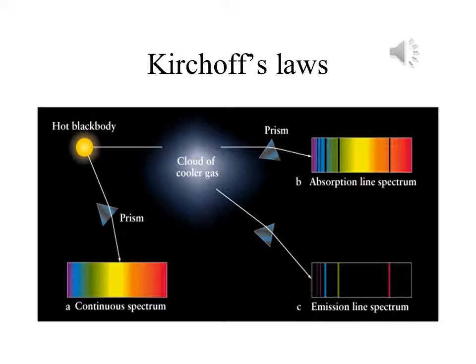By the way, he looked at the sun during a solar eclipse. You could see that cloud of slightly cooler gas called the chromosphere of the sun, and that gave all those emission line spectra in the bottom right hand side. If you looked directly at the sun through a prism, you got that continuum and bites, and he figured out something called the black body on Earth that gave the continuous spectrum.